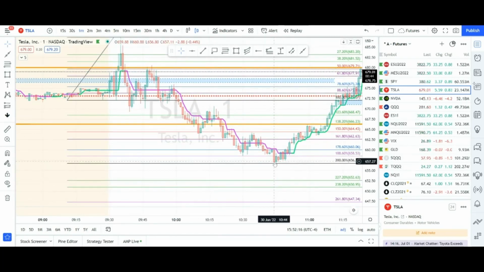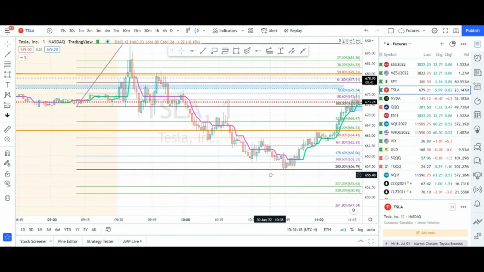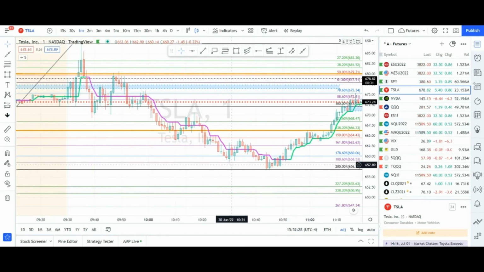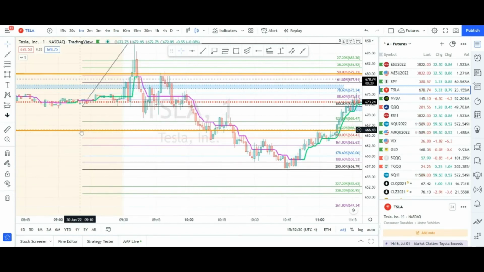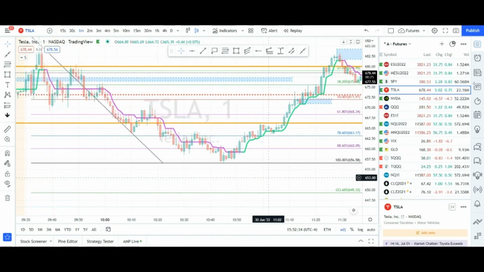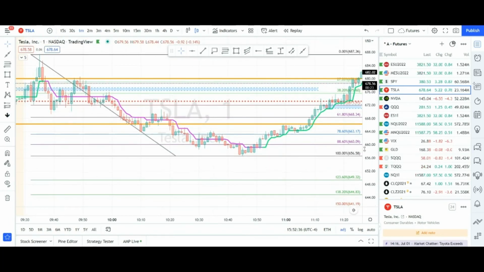Because I told you that if you are late in the trade, up to this magenta line will not change the color to green, I will not go with the buy. But if I'm going only with the Fibonacci, what I will do, I will change the direction. I will see the 88.6.